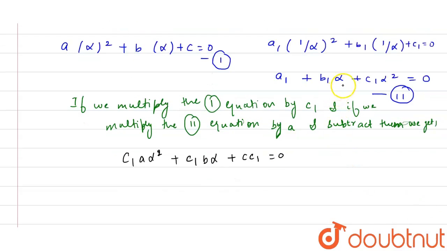Similarly, the second equation multiplied by a becomes c1a alpha square plus ab1 alpha plus a1a equals 0.